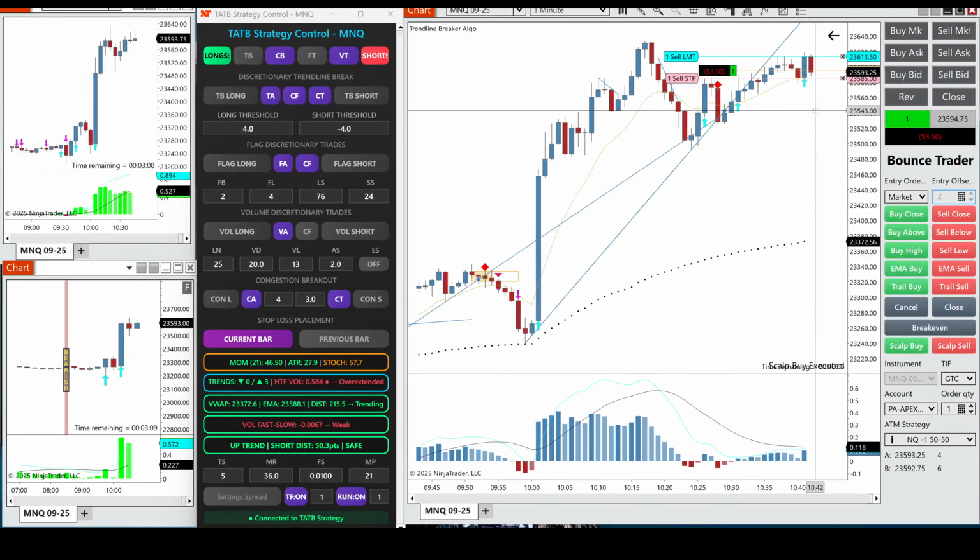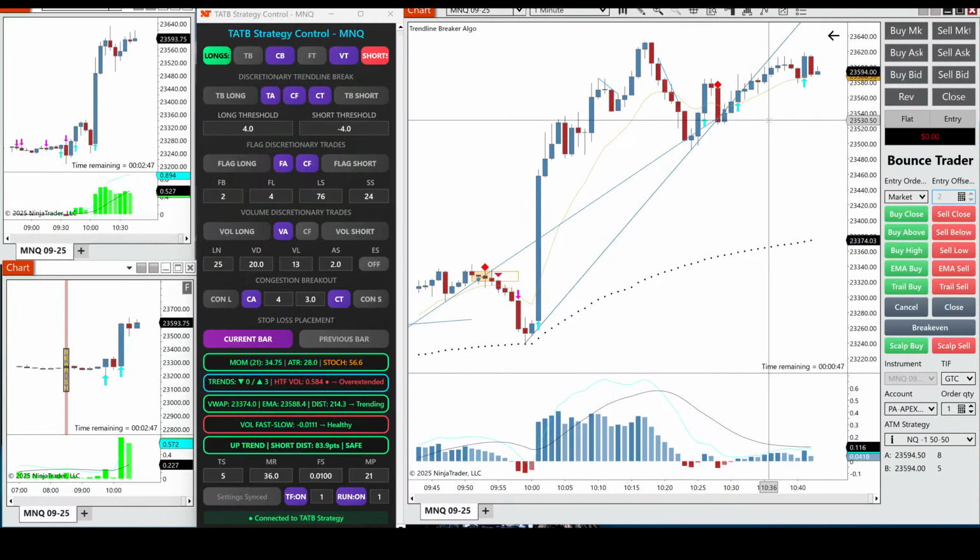If it doesn't, it's just going to be a failure. But that's alright, it's not a big risk here. Yeah, I don't like it. I hit the break even because what I like to see is it retraces on the same bar. It might go up, that's fine, but I've tried, I didn't like that.